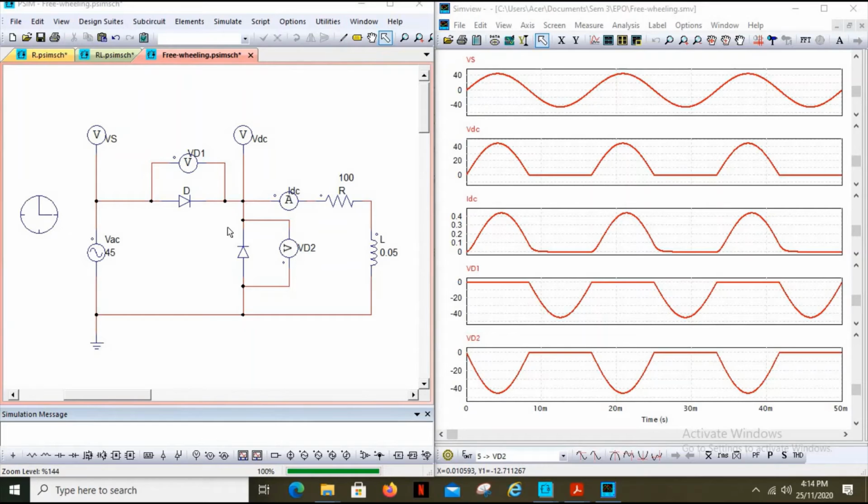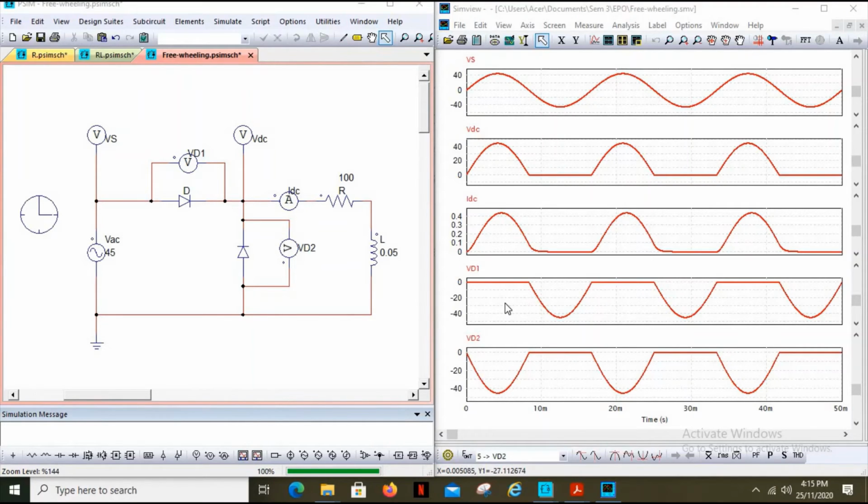So for the value of the first diode, D1, in the negative cycle, it will be the same as VAC, and in the negative half cycle, the second diode will be 0 volt because it is short circuit, as you can see from my graph here.